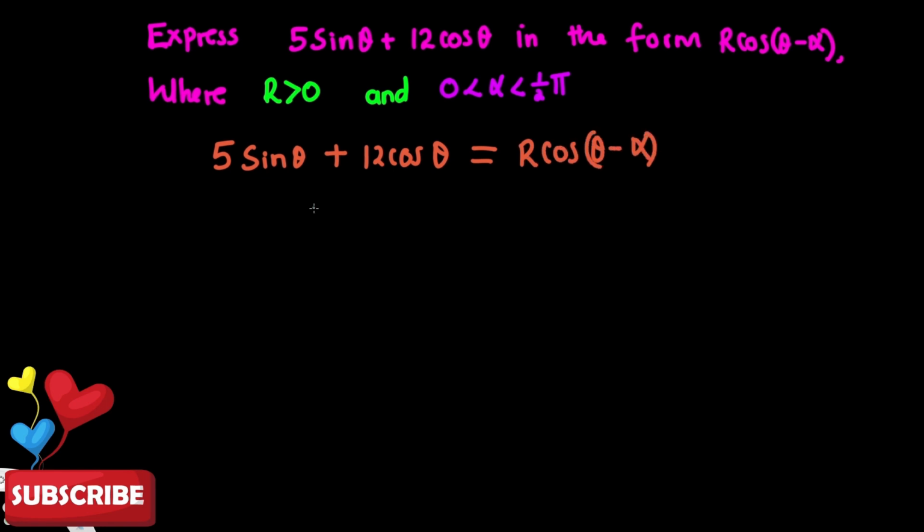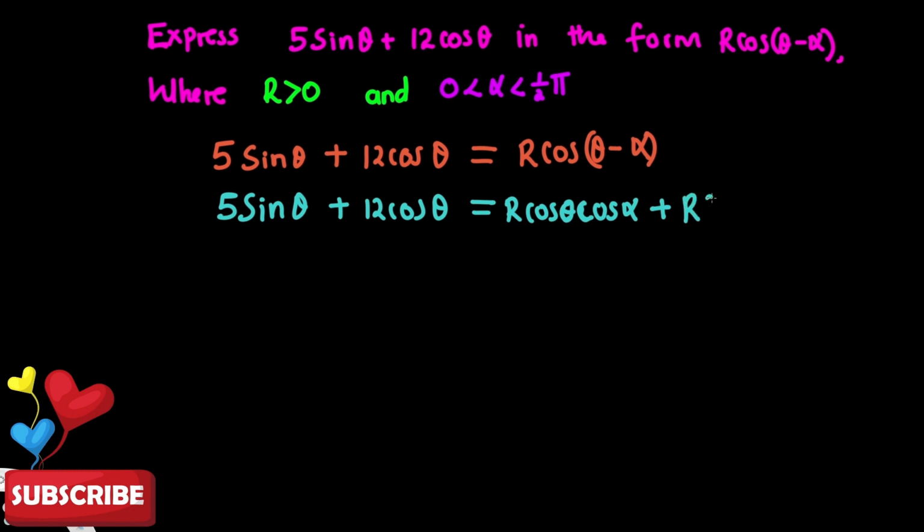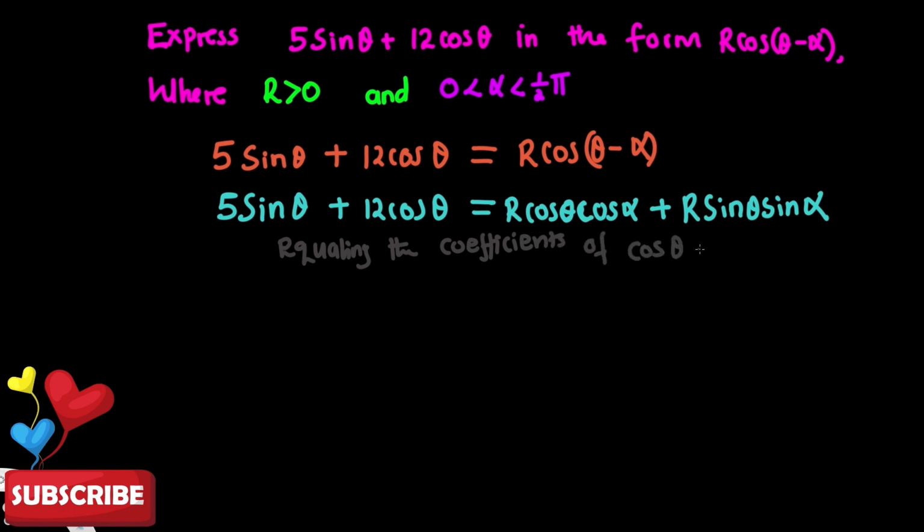Now this becomes 5 sine theta plus 12 cos theta equals r cos(theta minus alpha). So if we expand the right hand side, we're going to get this. All right, so we're going to equate the coefficients of cos theta and sine theta. Therefore, we can say this part should be equated to that particular part.